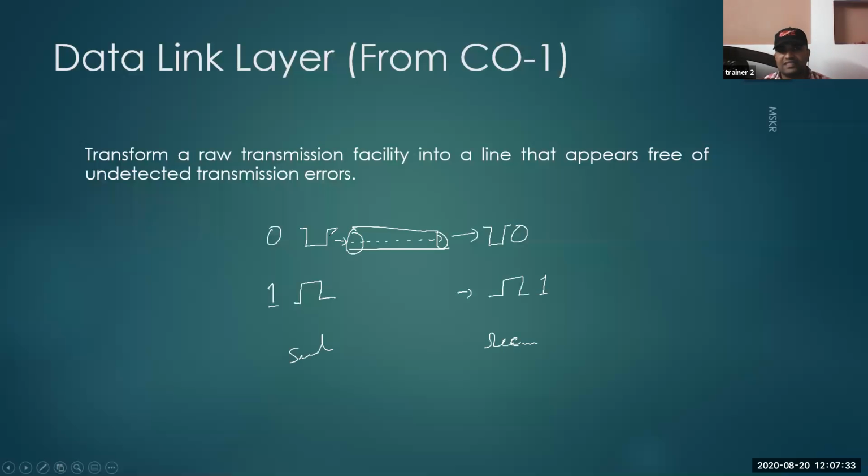If the signal is corrupted, the physical layer can't do anything. What the physical layer can do is convert zeros and ones into signals and send those signals to the medium. On the receiving side, which is a completely different system, it will just decode whatever signals are received into the corresponding bits as per its understanding.